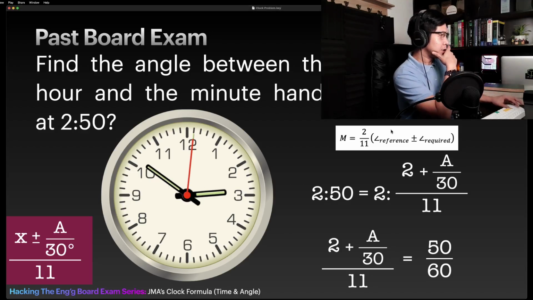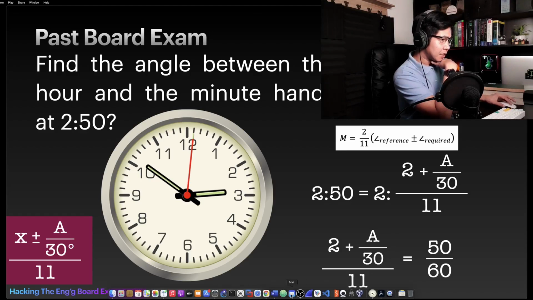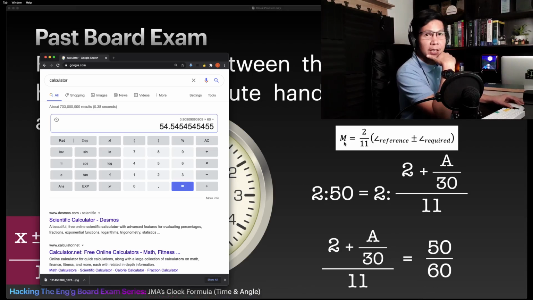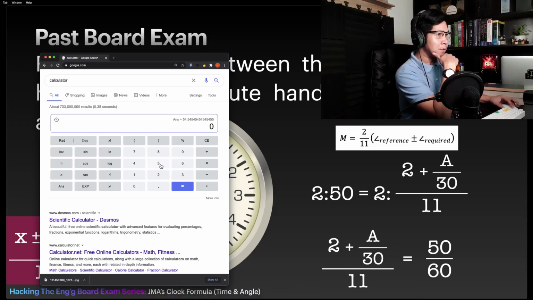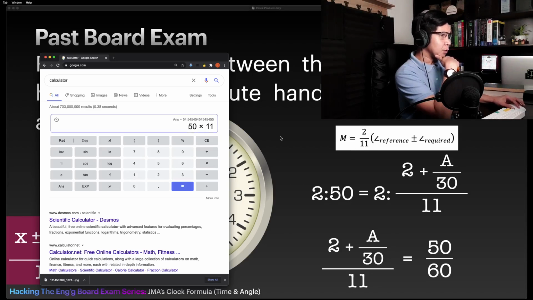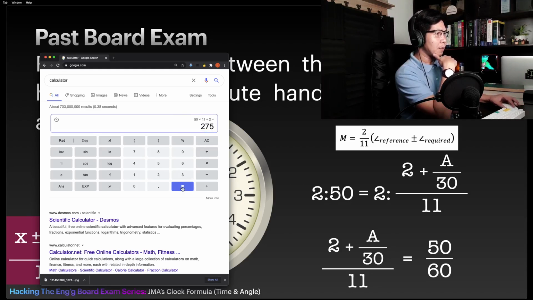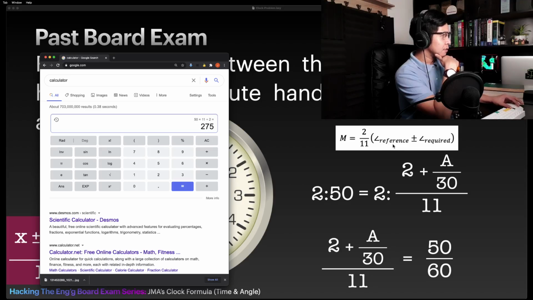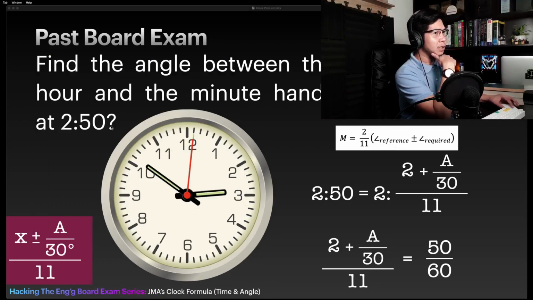So, gagamitin ko yung formula ni Engineer Perfecto Padilla. So, M is equal to 50 minutes. So, gamitin natin siya. M is 50. Then, multiplied by 11, and then divided by 2. Eto ngayon yon. And, ang reference angle natin, and take note, at 2 o'clock. So, kung ilalagay natin yung orasan sa 2 o'clock, ang angle niya is 30 plus 30 or that's 60 degrees.